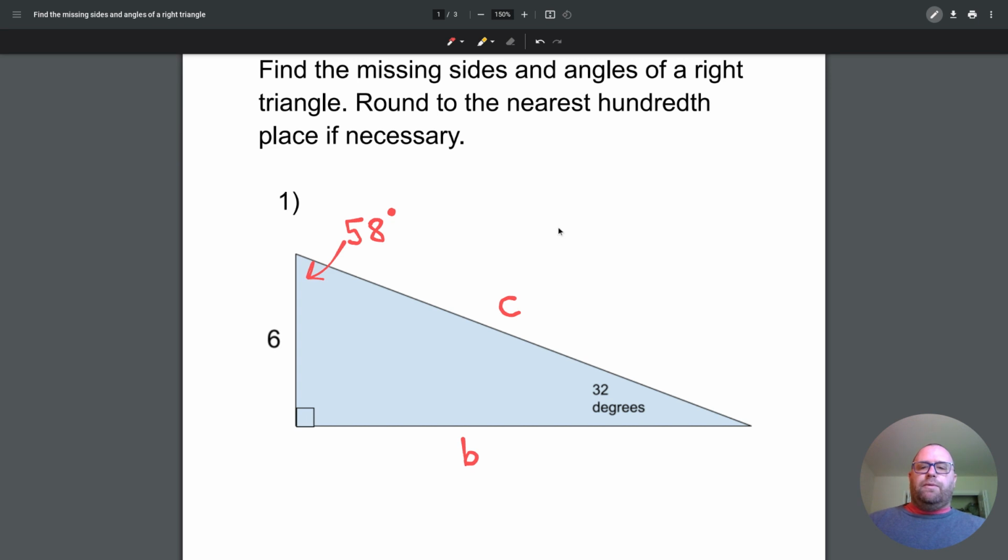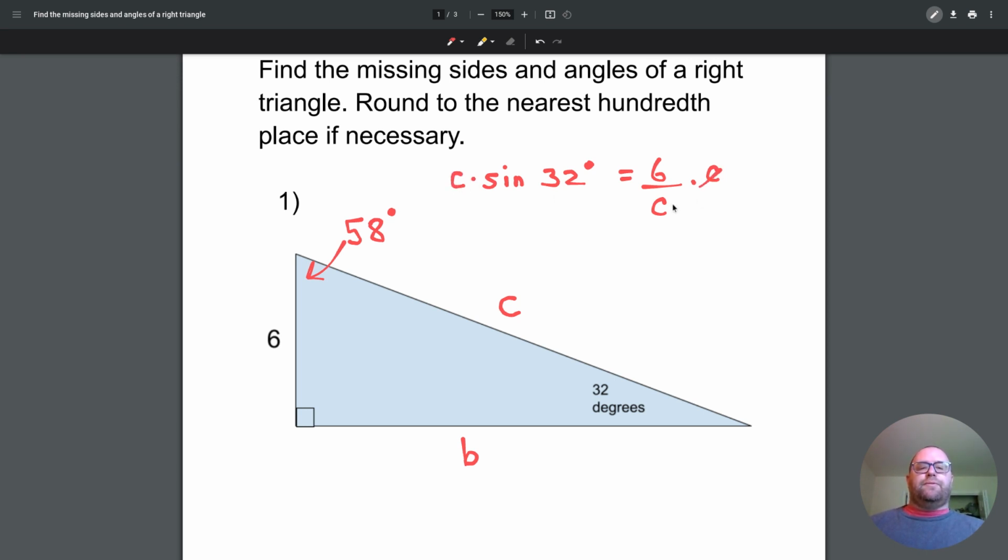Okay, so now we need to use some of our trig functions to find B and C. So if I looked at this angle here, the sine of 32 degrees is going to equal the opposite side, 6, divided by the hypotenuse. So we'll multiply both sides by the hypotenuse to rearrange this equation.